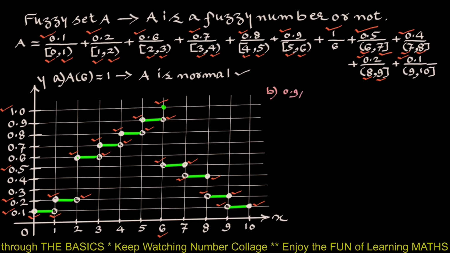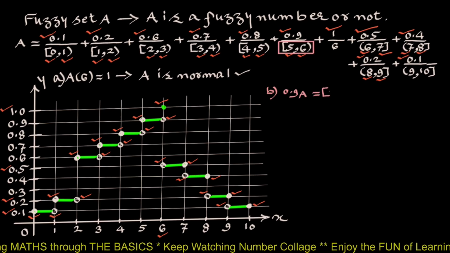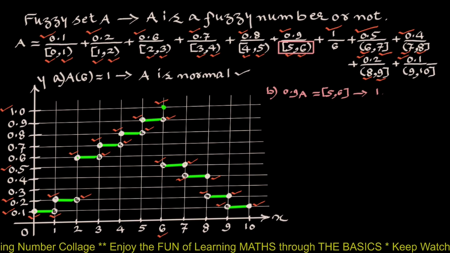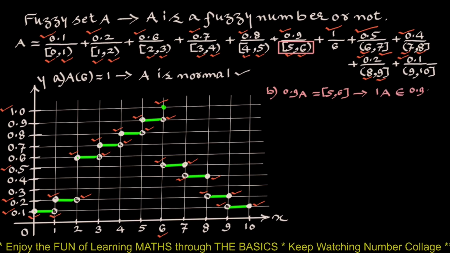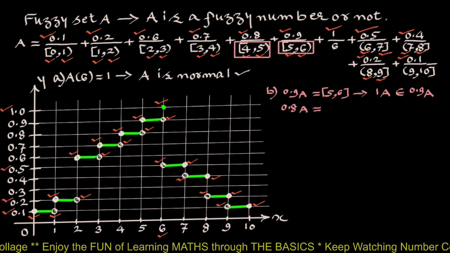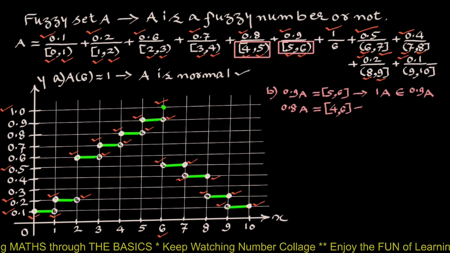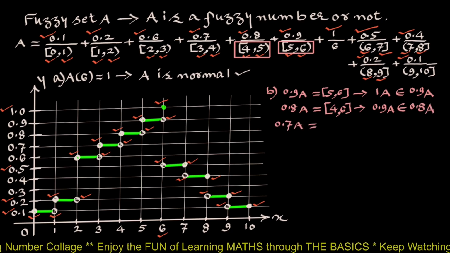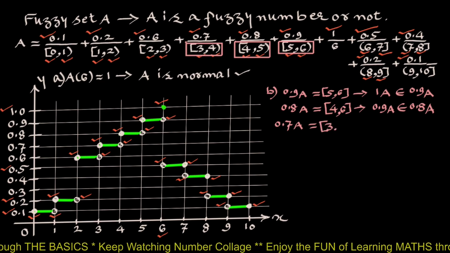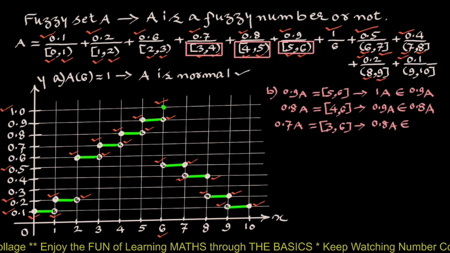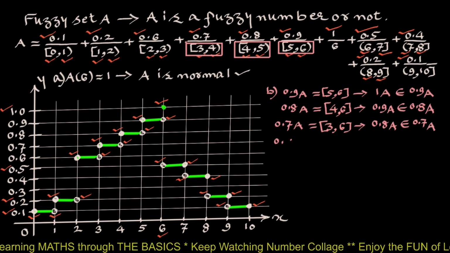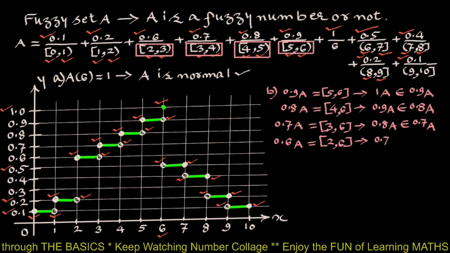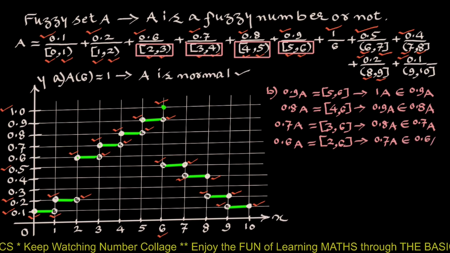So 0.9 cut A will be from its domain here closed interval 5 to 6, because according to the rule that we have studied in the previous example, 1 cut A should belong to 0.9 cut A. 0.8 cut A from its domain, this one is closed 4, 6, because 0.9 cut A should belong to 0.8 cut A. 0.7 cut A is from its domain here closed interval 3, 6, because 0.8 cut A should belong to 0.7 cut A. 0.6 cut A will be from its domain here closed interval 2, 6, because 0.7 cut A should belong to 0.6 cut A.